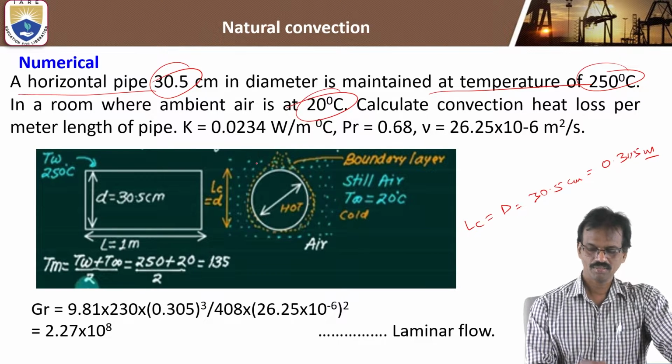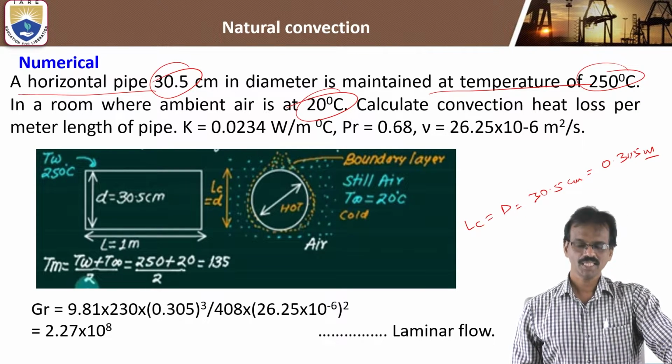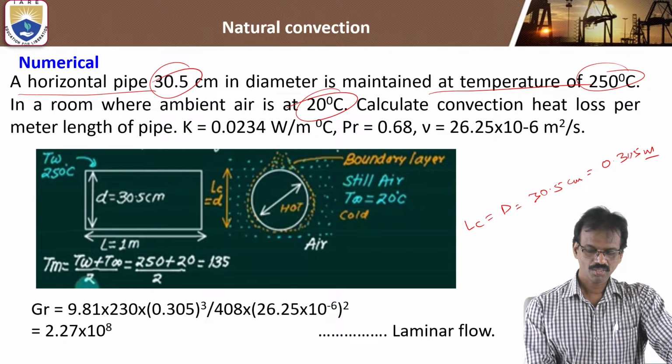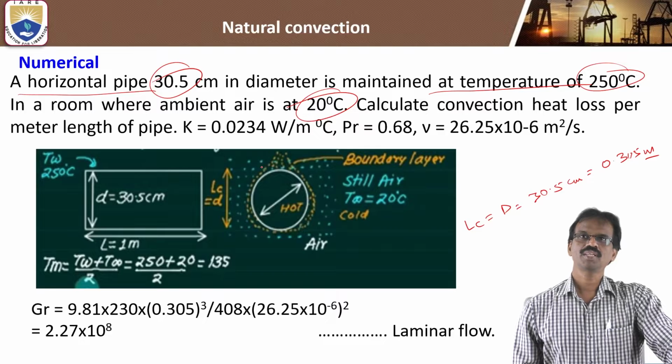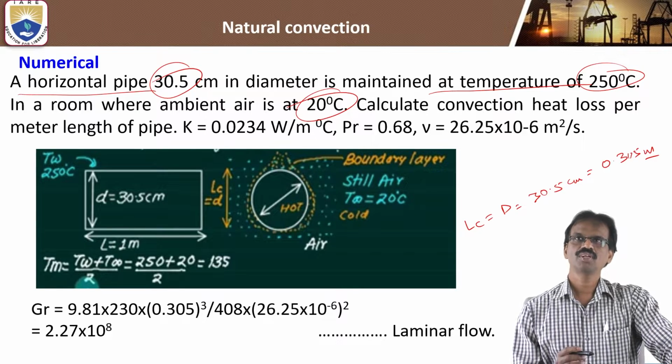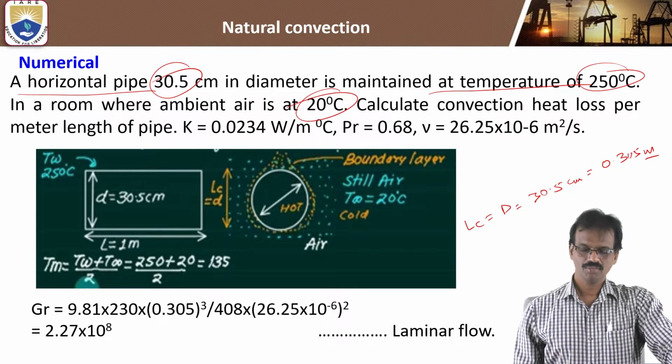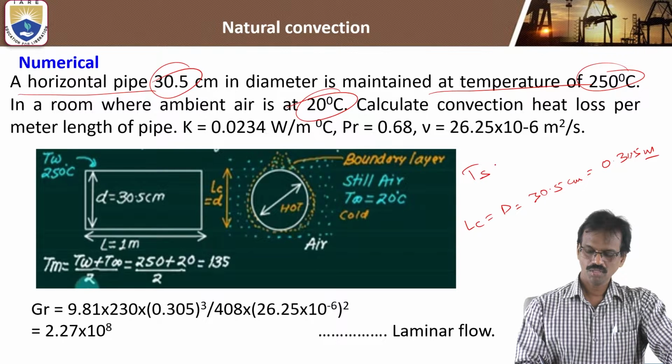Heat transfer takes place from the horizontal pipe to the surrounding air. So T solid is equal to 250 degrees Celsius, and the ambient temperature T infinity is equal to 20 degrees Celsius.